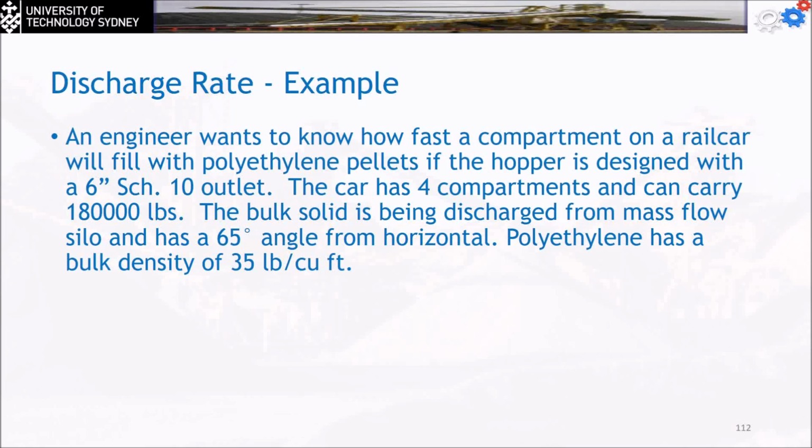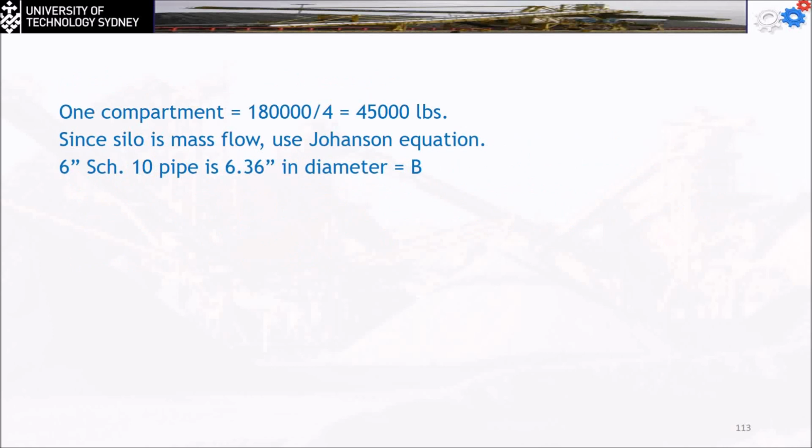For one compartment, in total we have 180,000, so we divide by 4, giving 45,000 pounds in each one. Since the silo has mass flow, we're going to use the Johanson equation. 6 inches by 10 is going to be 6.36 inches in diameter, and this will be the value of the minimum diameter.